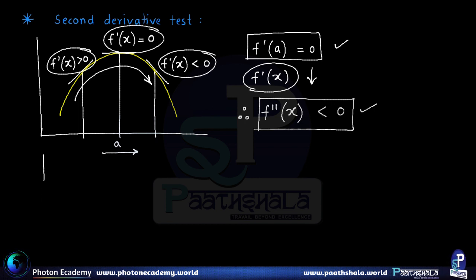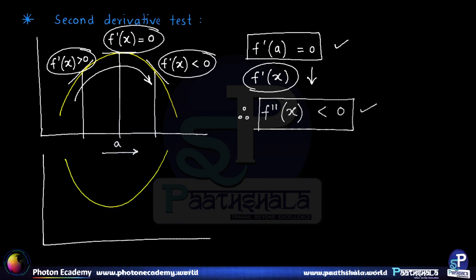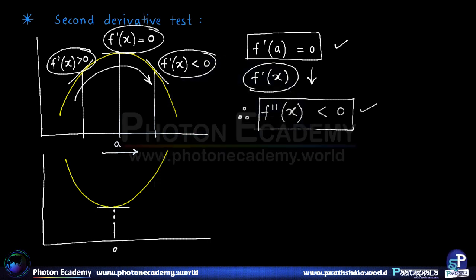So these are the two conditions which we check to detect the point of maximum. Similarly, it won't be difficult to develop the condition for the point of minimum. Once again, we consider the point of minimum at say a, and we consider 2 points in the neighborhood to the left and right.